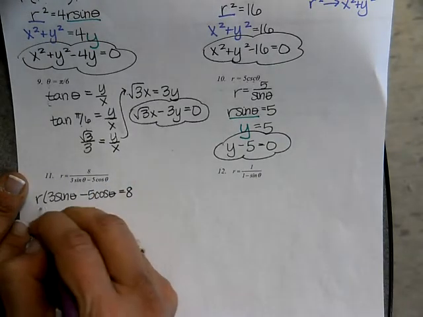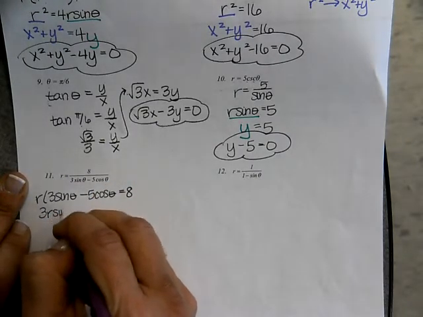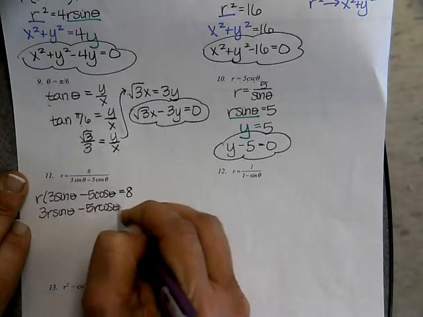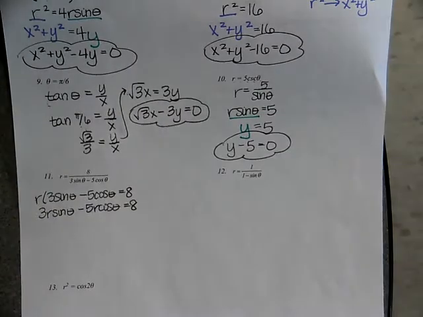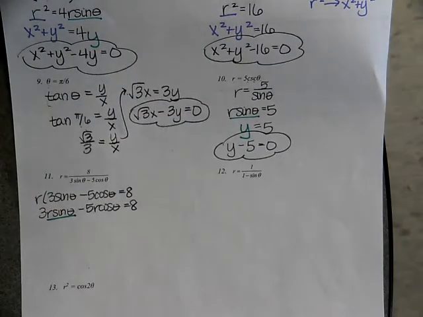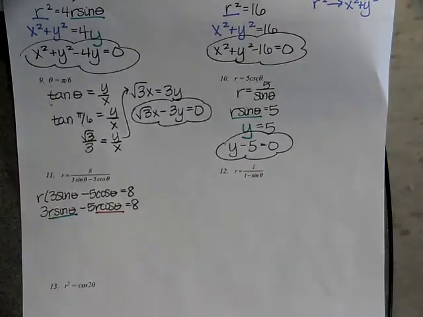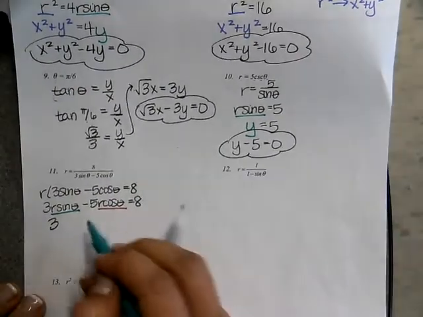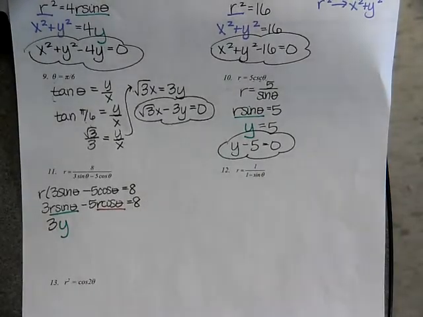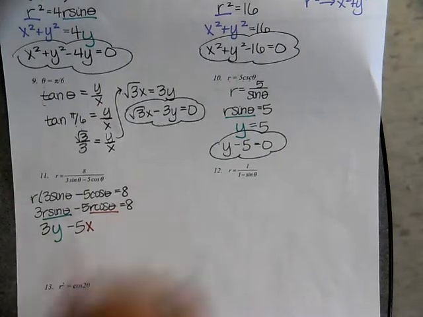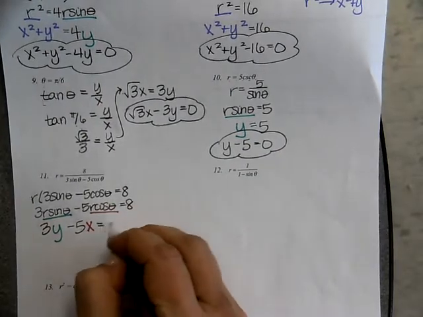Of course, then this becomes 3r sine theta minus 5r cosine theta equals 8. And look, we've got an r sine theta and an r cosine theta. So we're able then to replace those with y and x respectively.